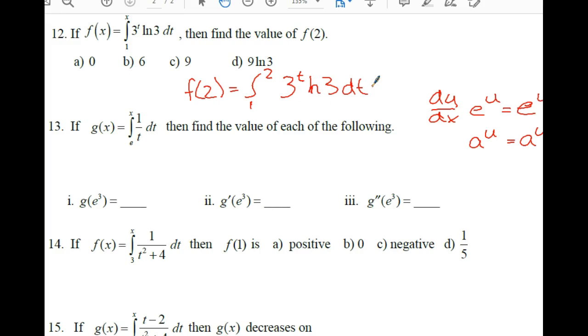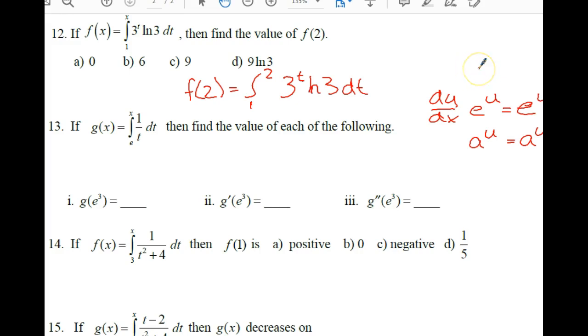Why? Because the original is f of x with a bound x. So with respect to 2, the 2 is like the x, so you plug it in for all the x's. So now in order to get your answer, you have to integrate 3^t ln 3. The antiderivative of 3^t ln 3 is 3^t, and then you plug it back in. Exactly.